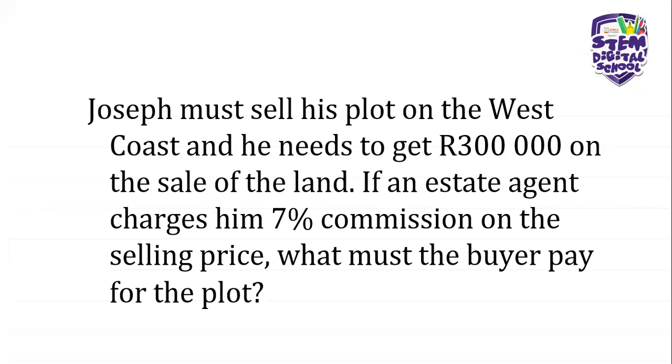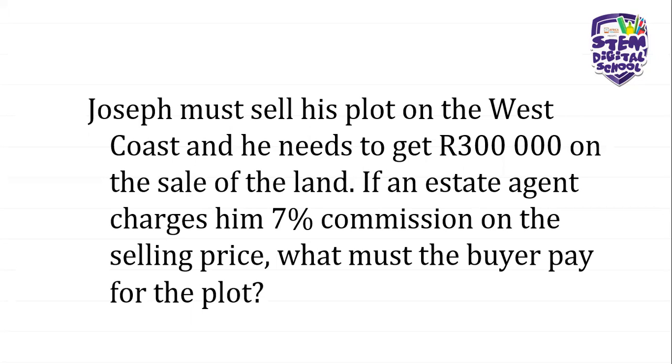And the buyer might look at paying more than what the seller needs. Remember that in every sale, there's a buyer and a seller, and in between them, there's a middleman, sometimes known as the agents or the estate agents, who also sell the property on behalf of the seller.